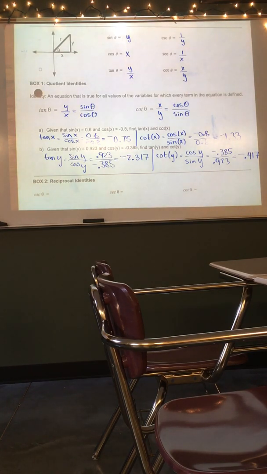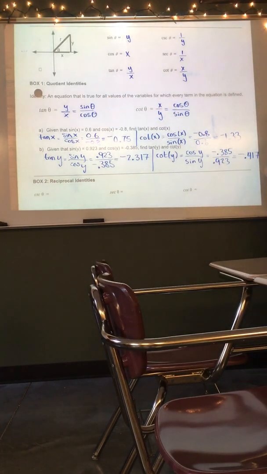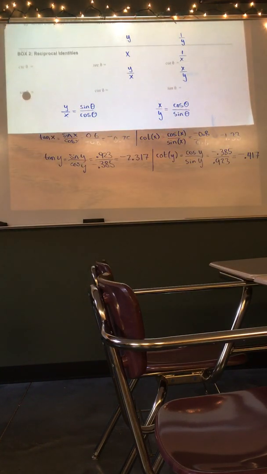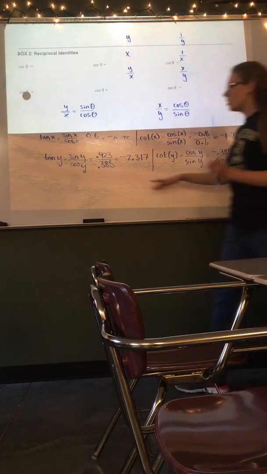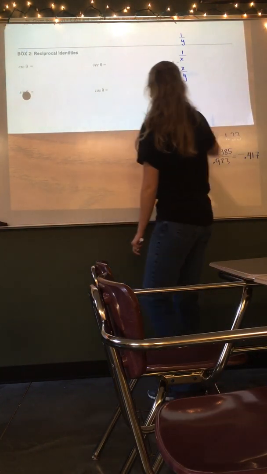Quotient identities. Tangent is sine over cosine. Cotangent is cosine over sine. Box 2 are reciprocal identities, which you pretty well already know about. It's just putting it down in writing.